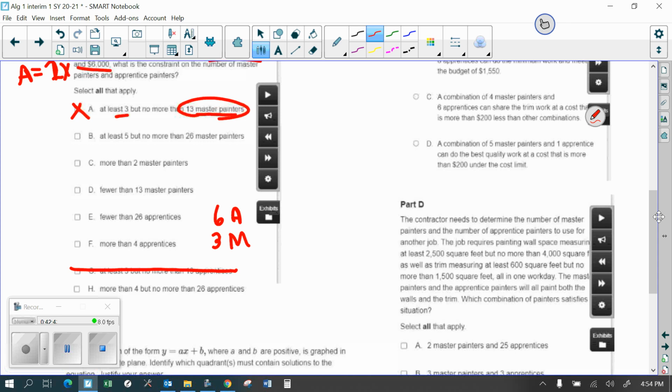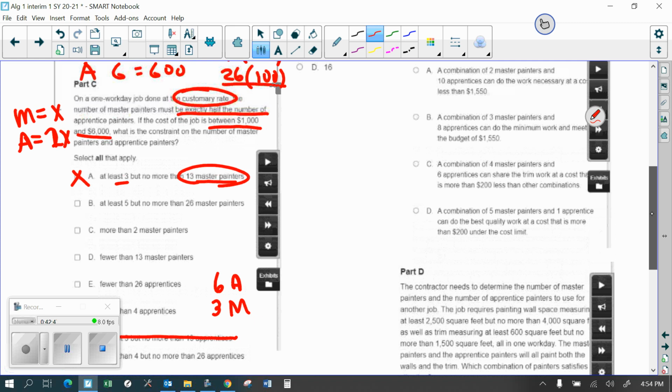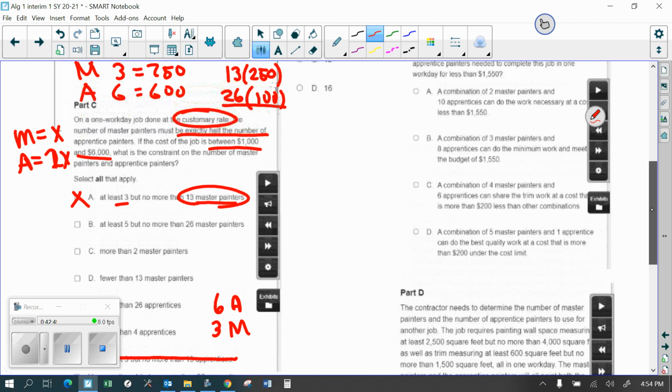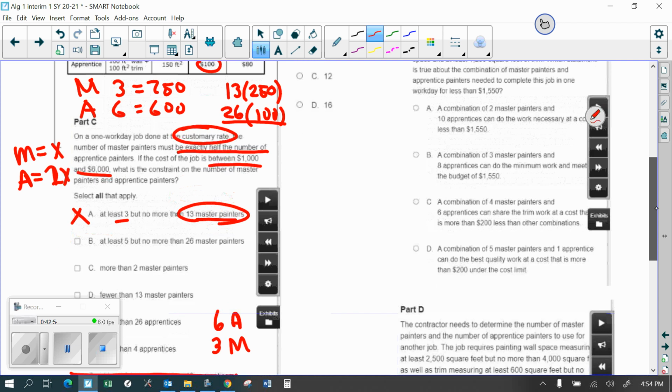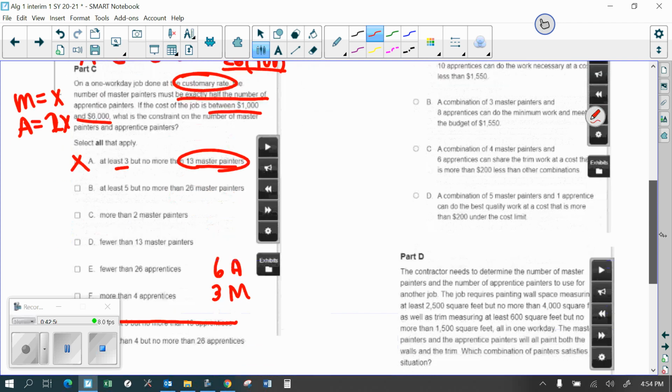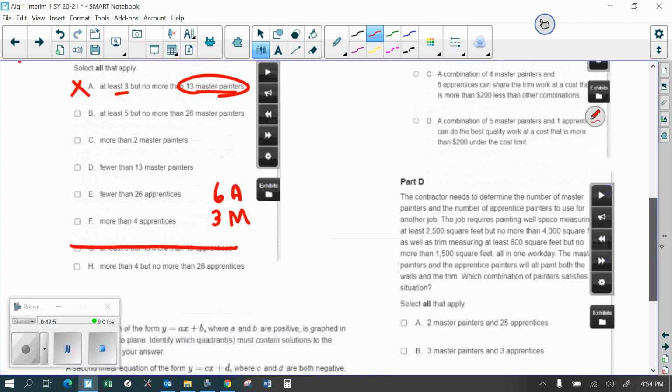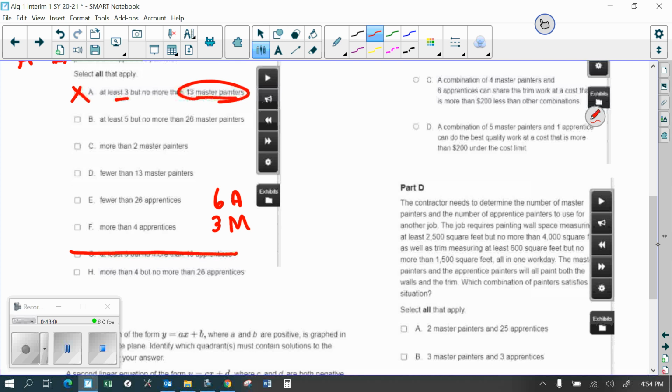So let's see if that gives me at least 1,000 there. 600 and 3 masters is 750 plus the 600. Yes. So 6 apprentices, but no more than 26. 26 maxes out. Yes. So this is true right here.